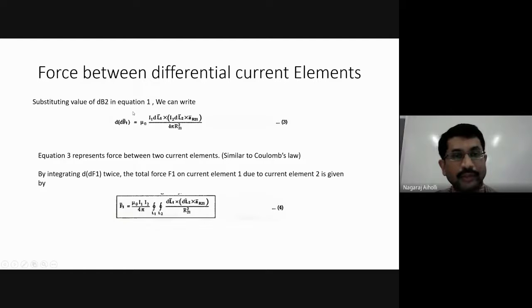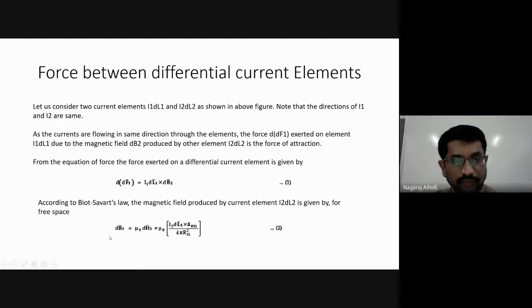Substituting the value of dB2 in equation 1. If I substitute the value of this dB2 in equation number 1, what do I get? dF1 will be equal to I1 dL1 bar into dB2 bar, where dB2 bar is mu naught into I2 dL2 bar into aR21 bar divided by 4 pi R21 square.